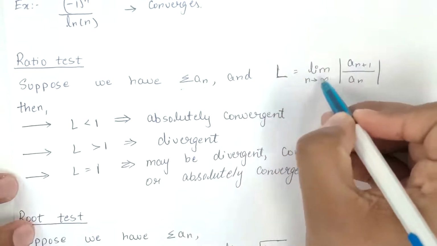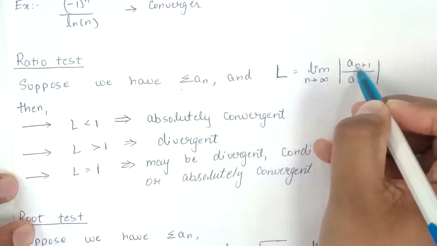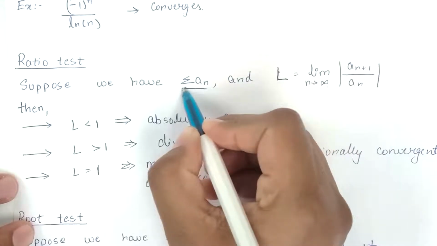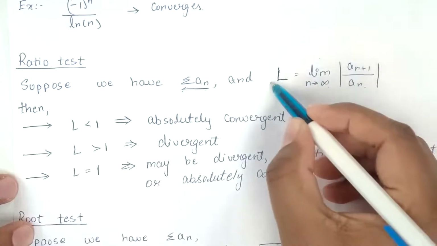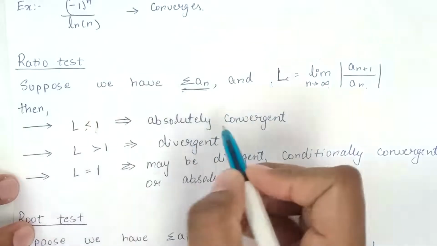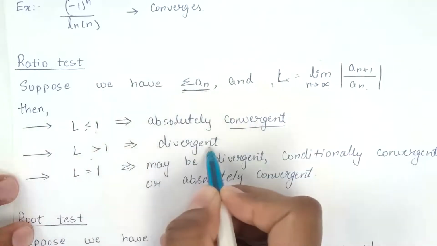You need to apply limit n tending to infinity for the sequence An plus 1, and you have to divide that by An. Okay? Use this formula to find L, and if that L is less than 1, we say it is convergent. If not, it is divergent.